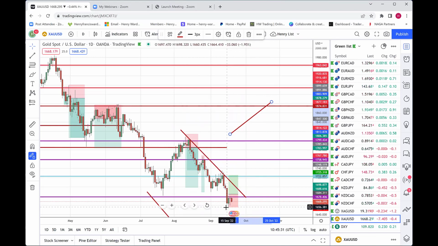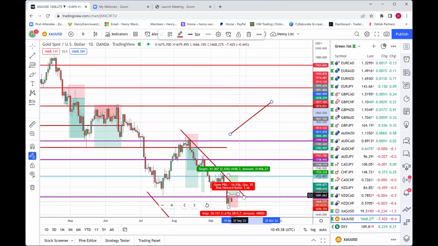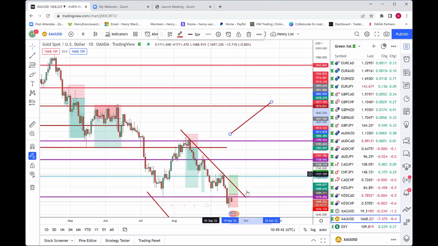So the green one, the stop loss is at the bottom there, entry is above it, and we're looking for this reversal back. And again, if we're expecting to hit this trend line, this is not a trade we should be taking because the risk to reward is not there. So just make sure you understand that the risk parameters have to be there for us to take this trade. But if we're looking for this to go back, it is definitely not something that I'm looking to take at the moment.